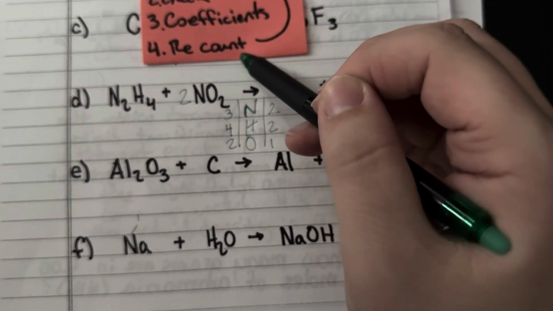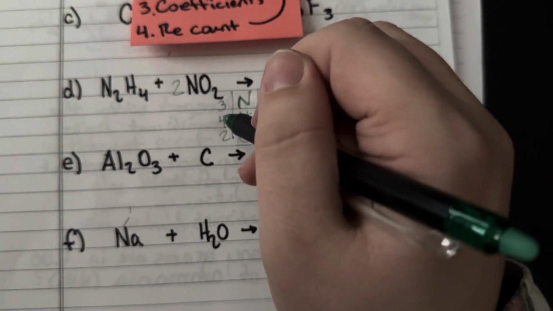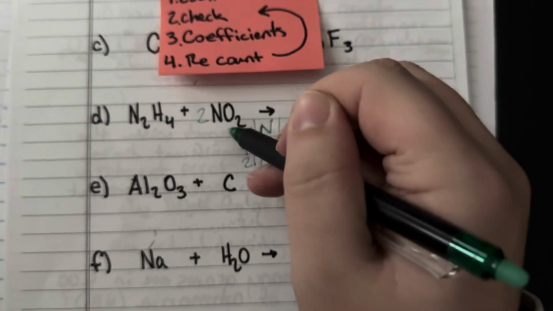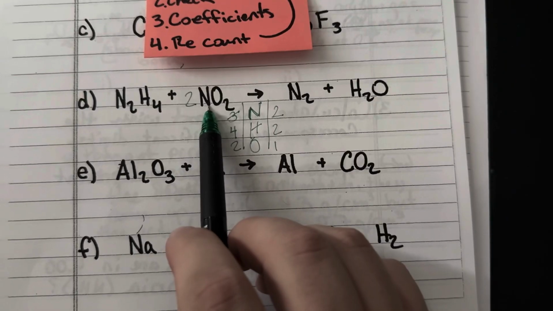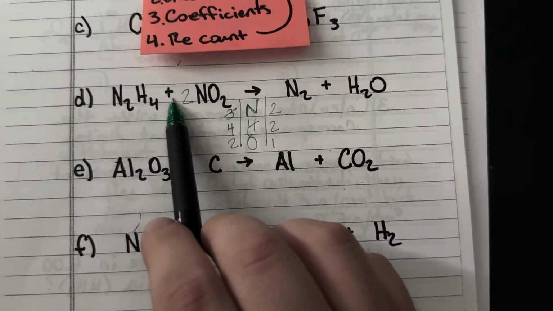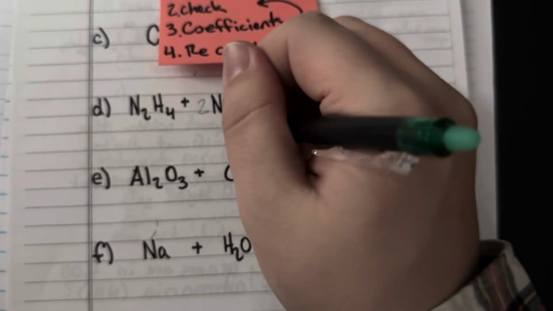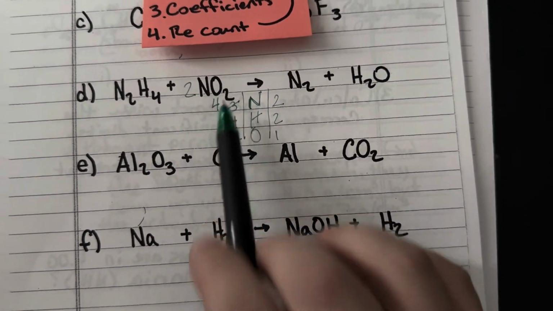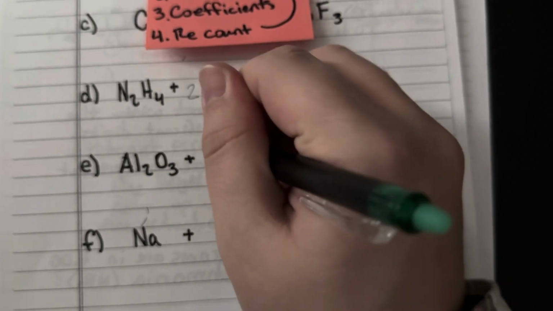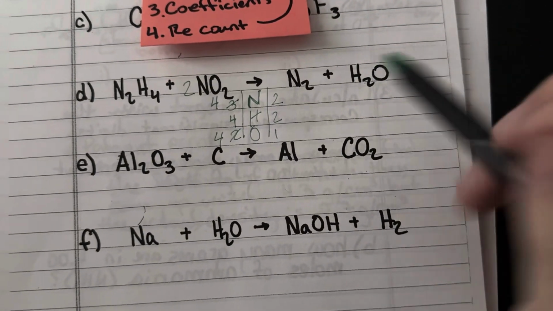Now we have to recount. So our new count is going to be 2 times 1 is 2 plus the other 2 make 4. Then we have 2 times 2 is now 4. See, I'm just crossing them off.